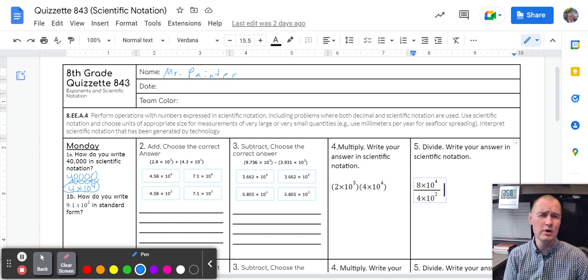Now look at 1B. 1B is the exact opposite. How do you write 9.1 times 10 to the second power in standard form? All right, so now we're going to standard form. So what we do here is we take 9.1 and write it down. Now notice we have to the second power, which means the decimal is going to move over 1 time and 2 times, which leaves the decimal right here.